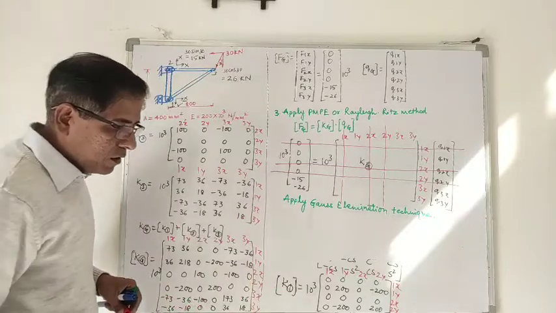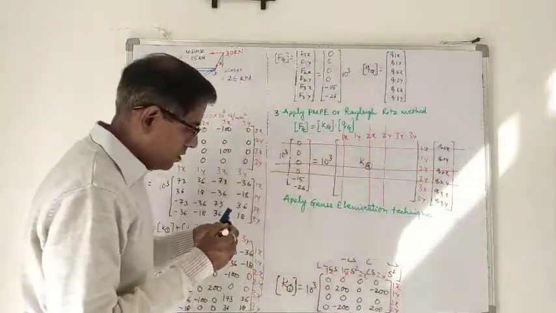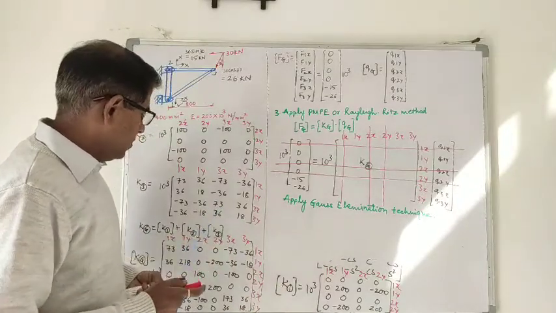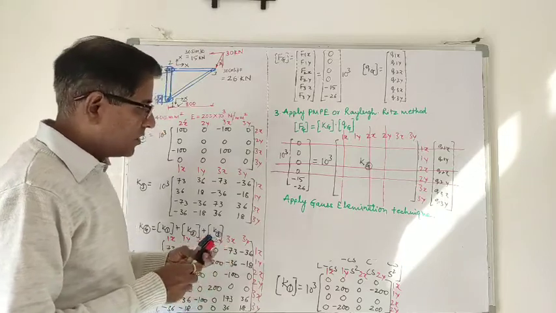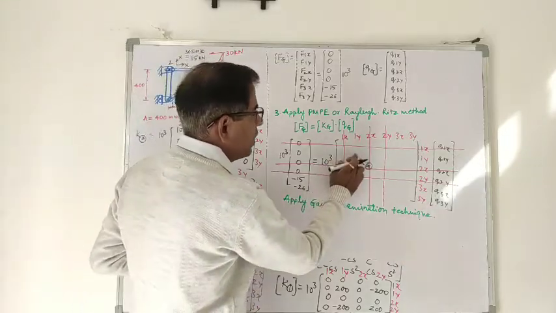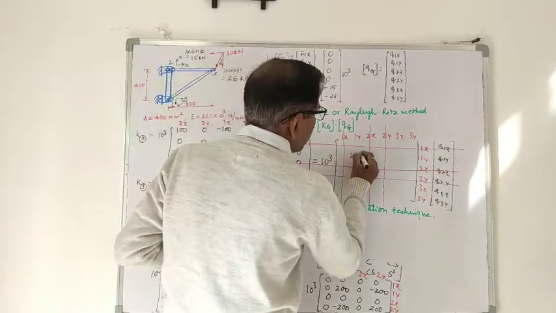So after this, this matrix is reduced. So here, what is this value? 1y, 1y, it is 218.